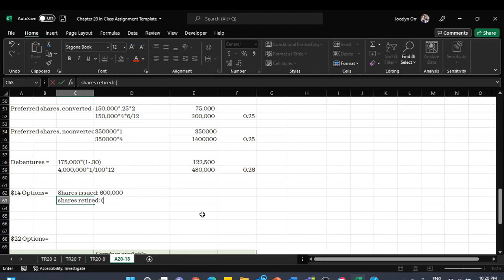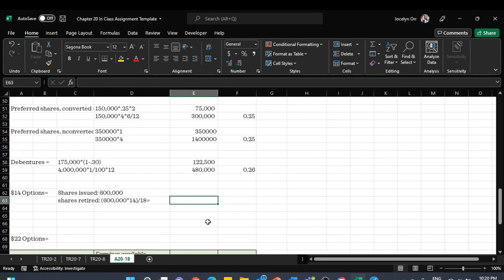So if we were to retire shares, so we have 600,000 that were exercised at $14 a piece, we would purchase as many shares back as we could at $18 a piece. Okay, so 600,000. I don't know why I pulled it all out to use Excel formulas. I just don't want to keep scrolling. That's why I'm typing it in instead.